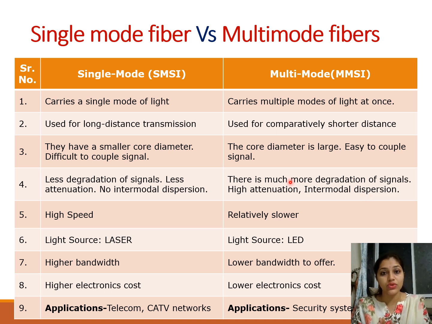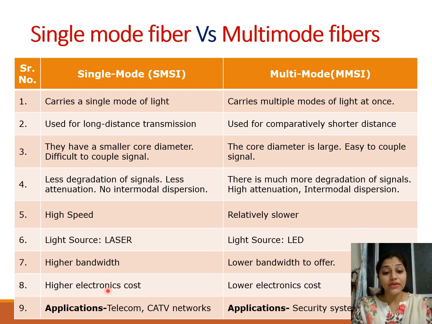Of course, this attenuation is much less than other wired communication. But here we are comparing multimode fiber with single mode fiber only. So here attenuation is more, intermodal dispersion is also present. Single mode is high speed, multimode is relatively slower. Here we use laser as a light source, and here we can use LED. Sometimes we also use laser.